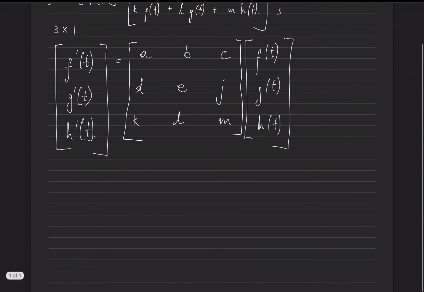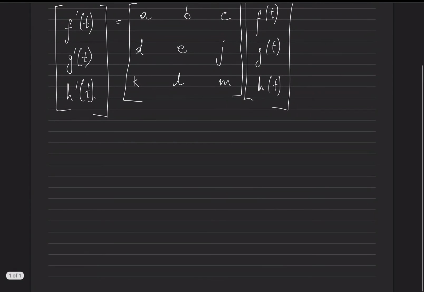Suppose we were to call this, maybe let me go one step further. Because everything in this column is a derivative of something, we can make the differentiation operator explicit. So we could write it as d/dt, because that's what our function is in terms of. This is going to be f of t, g of t, h of t.